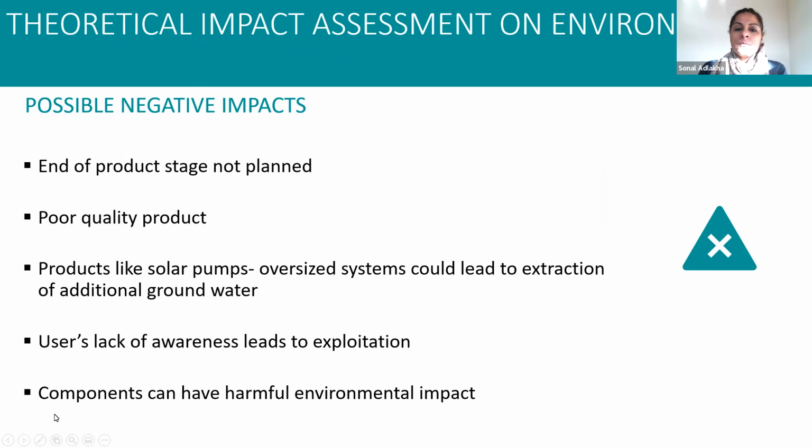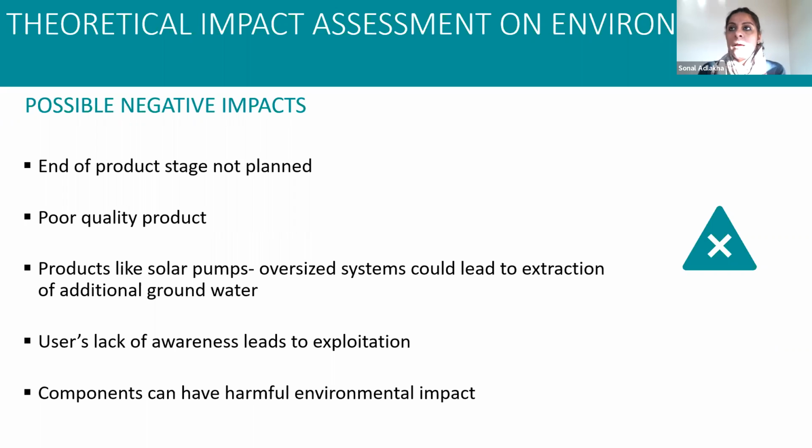Now, talking about the negative impacts: yes, we have these solar products, but still there is a potential that these could have a negative impact on the environment. One is that when the products are designed, not all companies think about the end-of-product stage, and what is going to happen to the product.